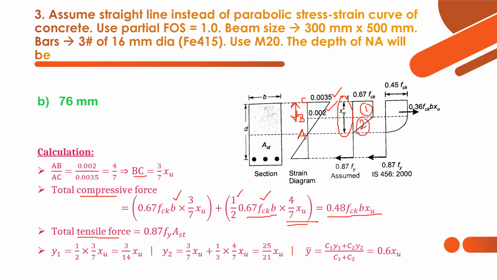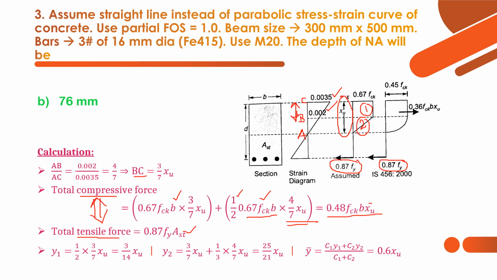And for total tensile force, we can see 0.87 fy, and it is not varying, similar to the IS 456 code provision. So the tensile force is 0.87 fy into area of tensile steel, that is Ast. At the neutral axis, the compressive force and tension force will be equal. On equating both, we can get the answer for xu.